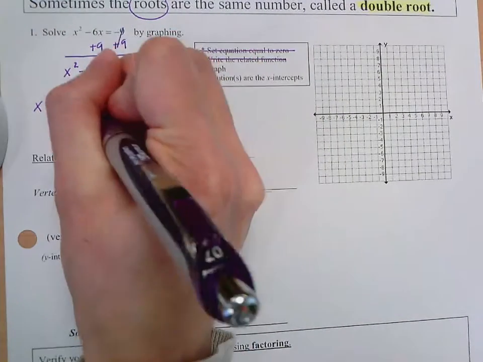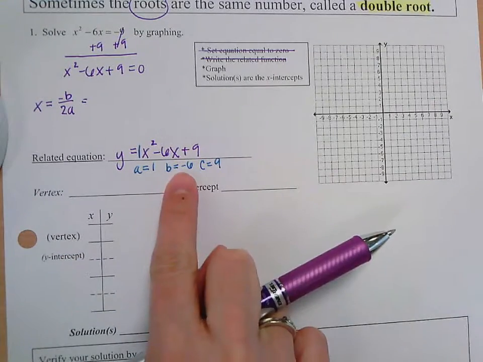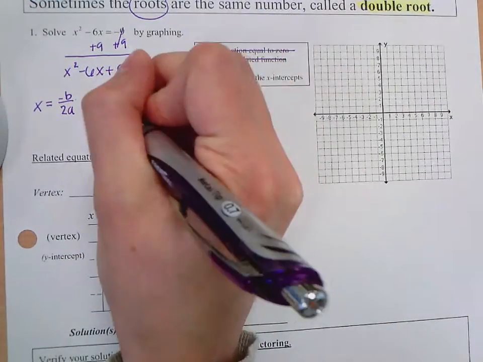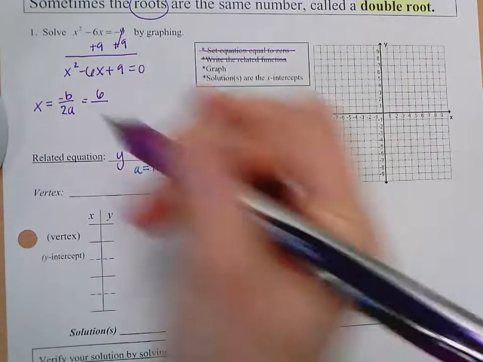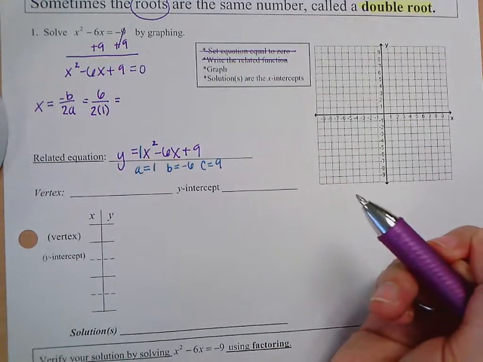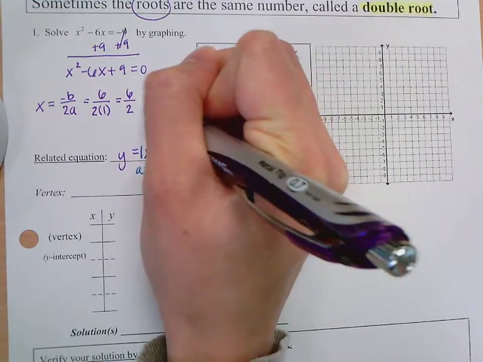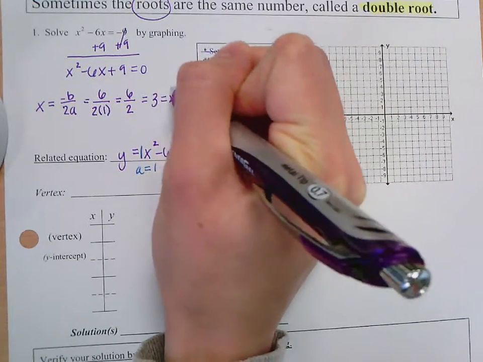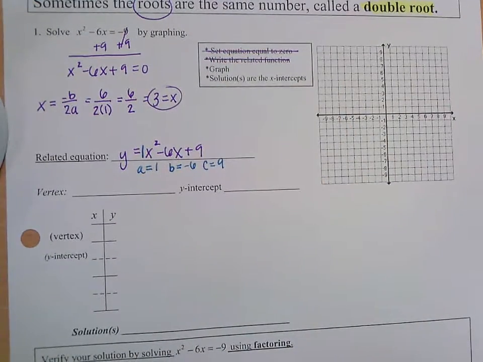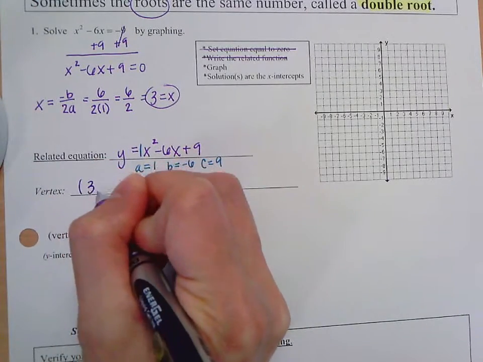So if we have x equals opposite of b over 2a, since b is -6, opposite of b is +6, over 2 times our a value, which is 1. Yep, so this is 6 divided by 2 times 1, which is 2. So our x value is 3. And again, we're finding the vertex. So our x coordinate is 3.